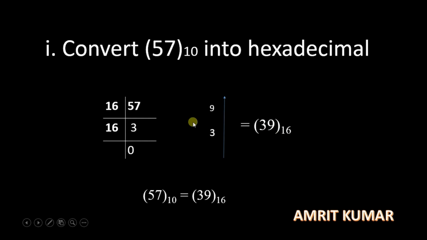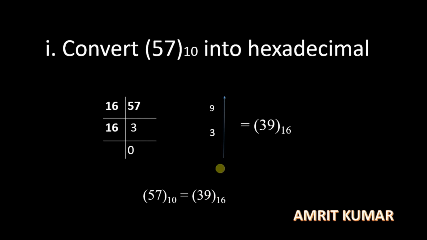Therefore the hexadecimal number of this decimal number is this. So the decimal has been converted into a hexadecimal number. This is our output, through which we can convert a decimal number into a hexadecimal number.